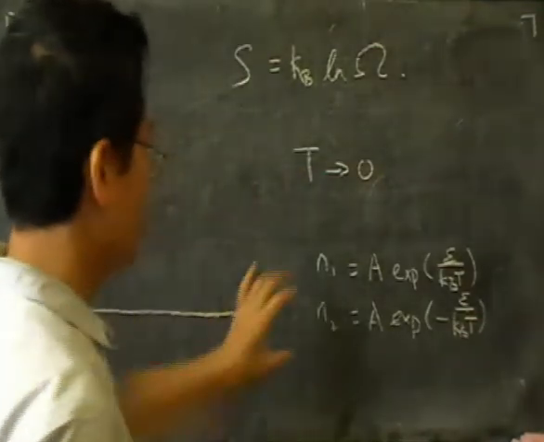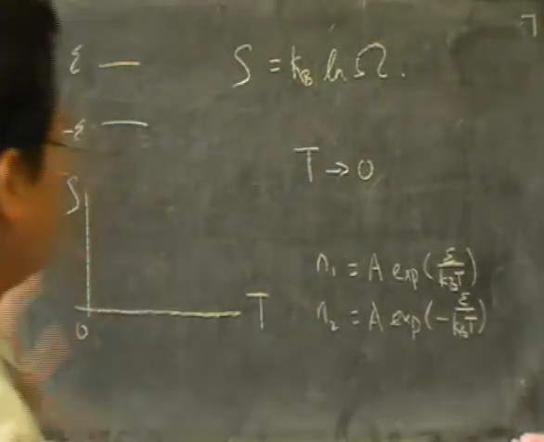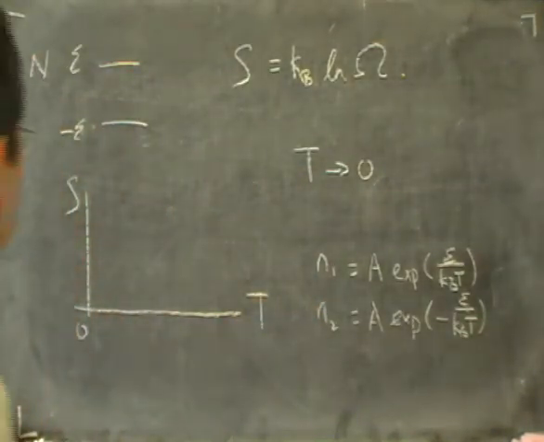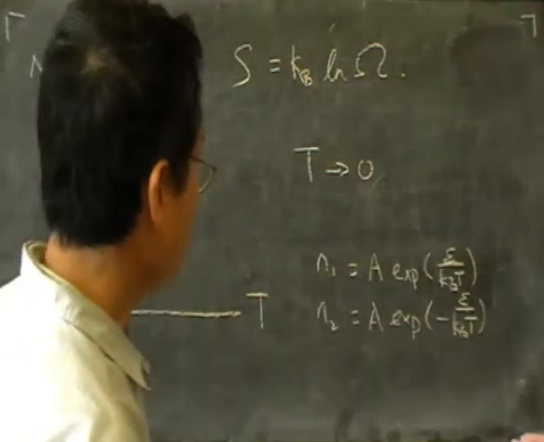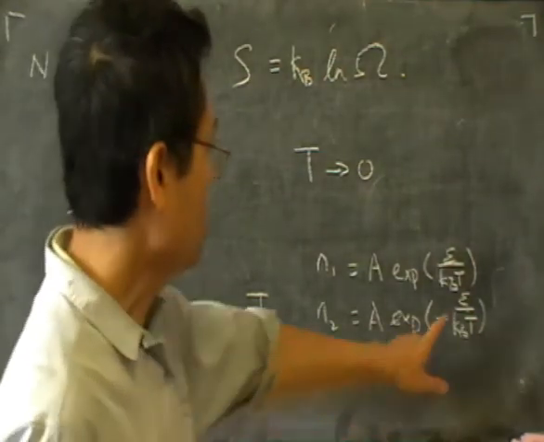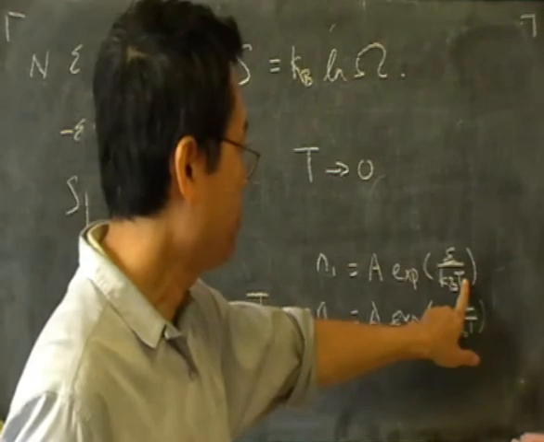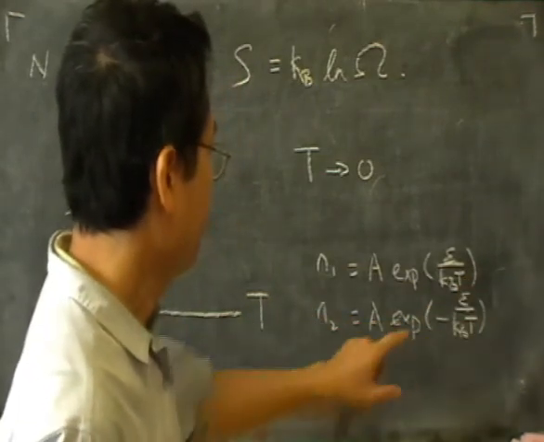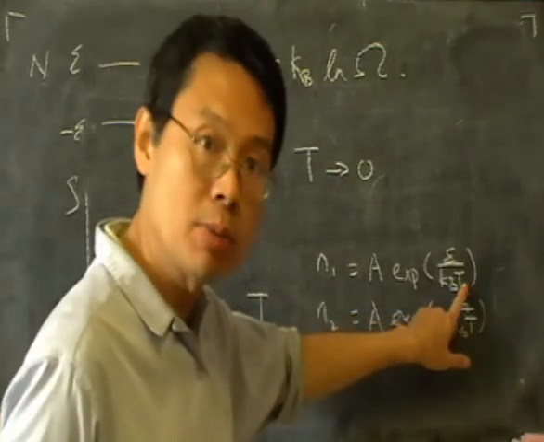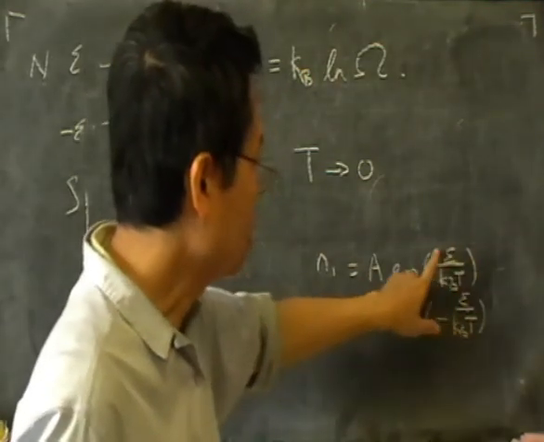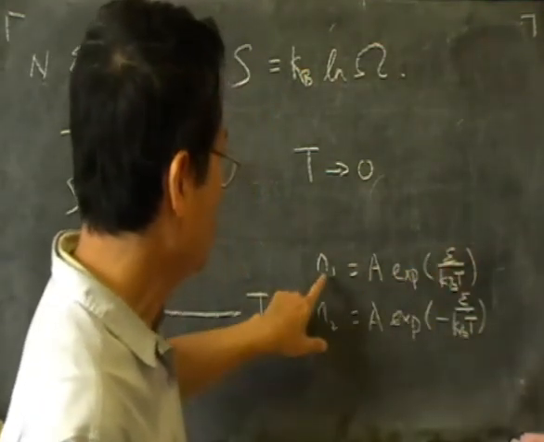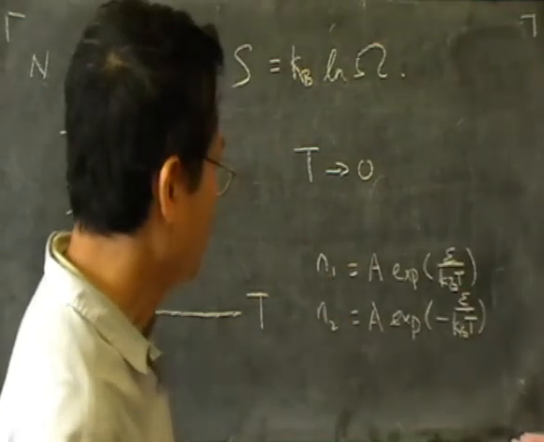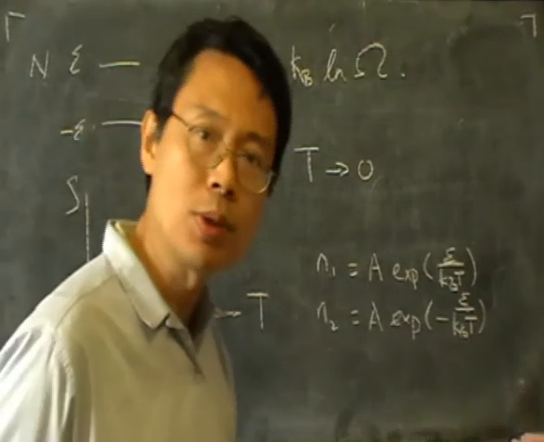So what happens to these expressions when T goes to 0? Let's see. When T goes to 0, since T is in the denominator, the argument goes to infinity. So it looks like n1 goes to infinity. What does that mean?